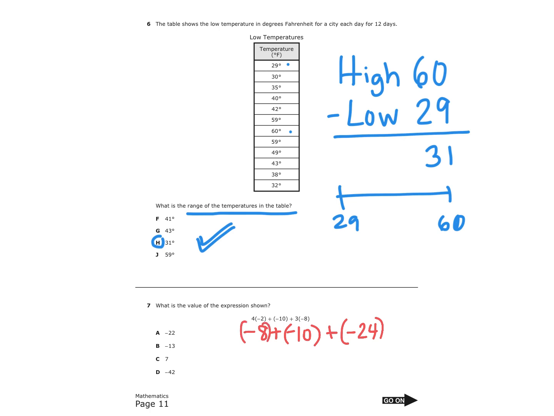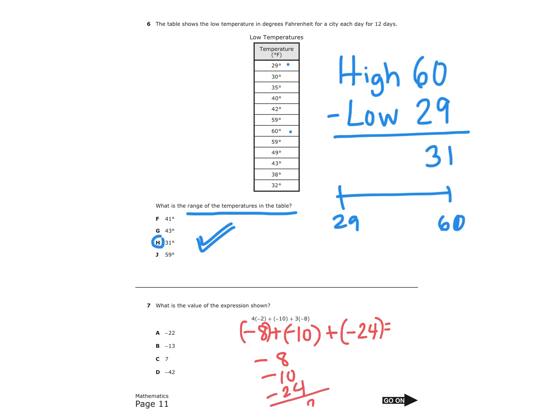Since all of those three numbers are negative, we could just add all three, and your answer should be negative. So what do you get when you add a negative 8, a negative 10, and a negative 24?